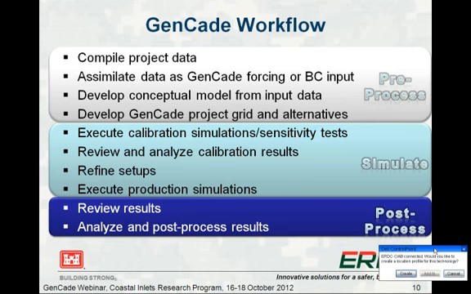This is just almost rehashing the last slide, but it gives you a little bit more detail about what we do in each of these steps. So again, we would compile our project data. We would assimilate all this data in GenCade with forcing and boundary condition input. And as I said before, we are going to do all of this in the conceptual model from our input data.